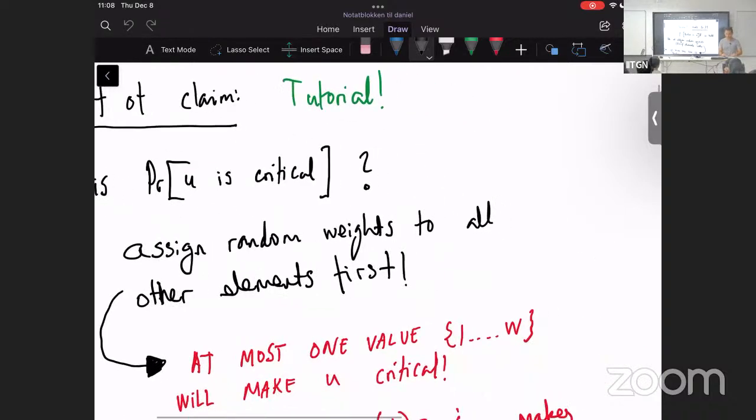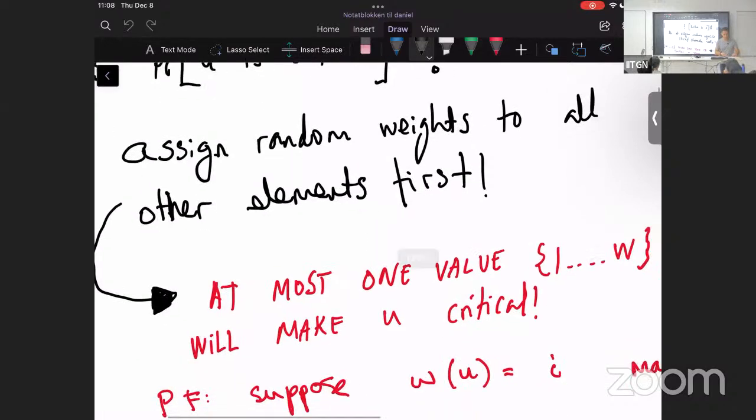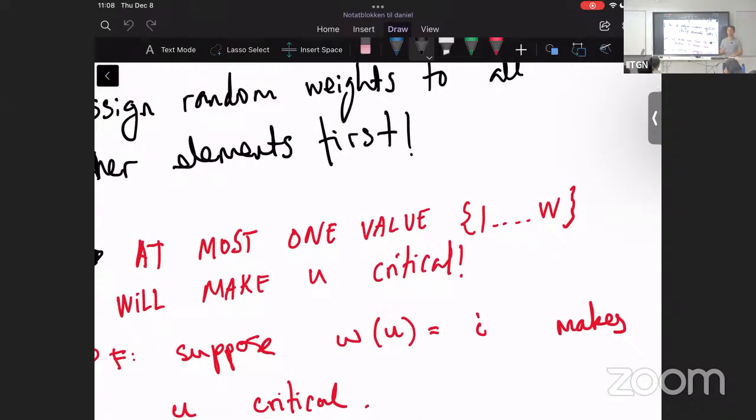Well, the weights are assigned independently, so we can pretend we assign weights to all of the other elements first, and then we assign the weight to U last. Right? Now, if I have assigned weights to everyone else, then I claim that there is at most one value from the possible weights that I could give to U to make it critical.